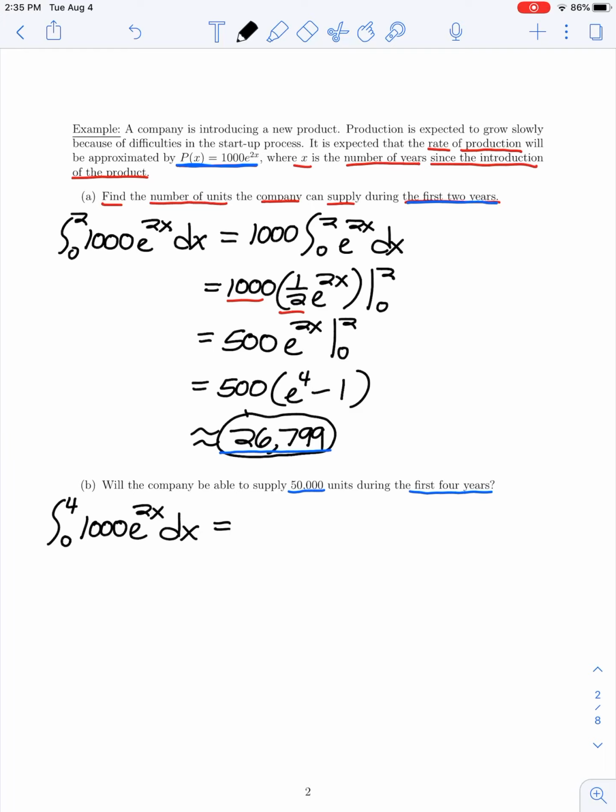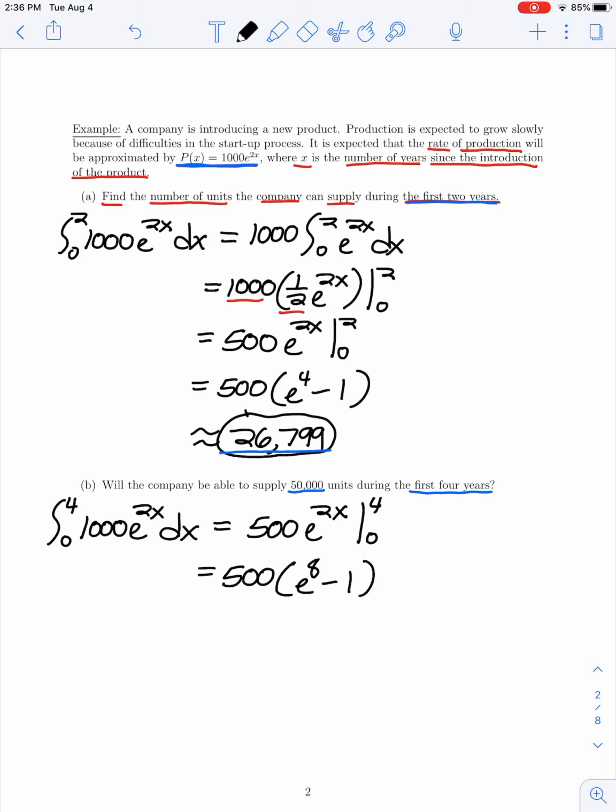Now in part A, we showed that the antiderivative of this function was 500 e to the 2x, and then we will evaluate from 0 to 4. So we have our constant 500 times, when we evaluate at x equals 4, we have e to the 8th, minus the value when we evaluate at x equals 0, which would be e to the 0, or 1.